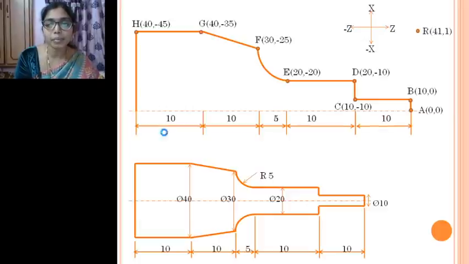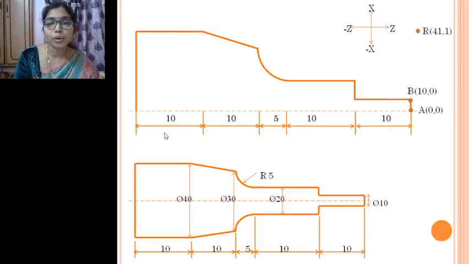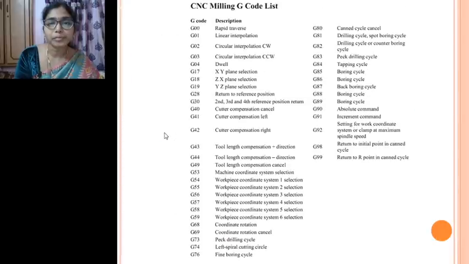If you go to the codes here, you can see G90 is nothing but the absolute command. Since, as I have said, we are using the absolute command, that is, with respect to one reference point we are defining the whole. Based on that, you have to write. The system should know which mode you are using, right?